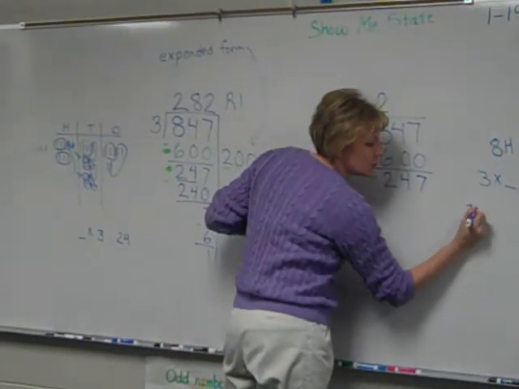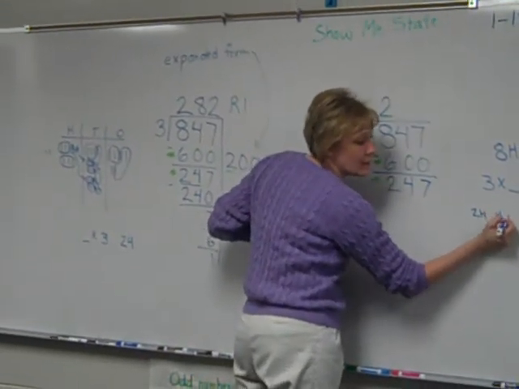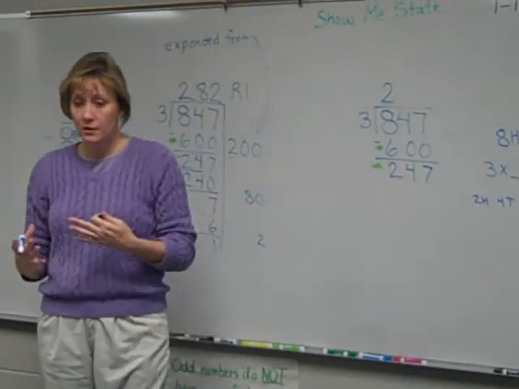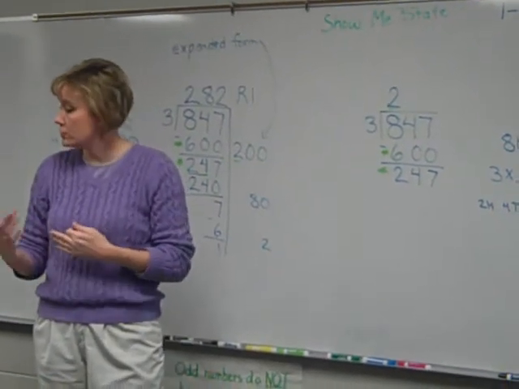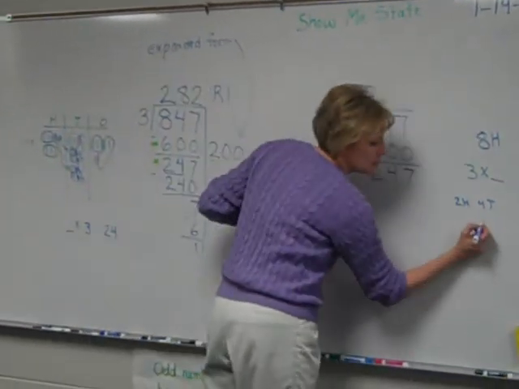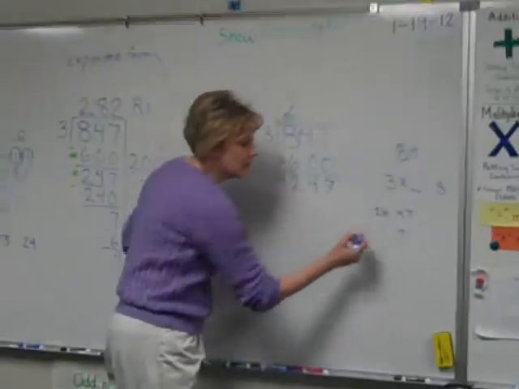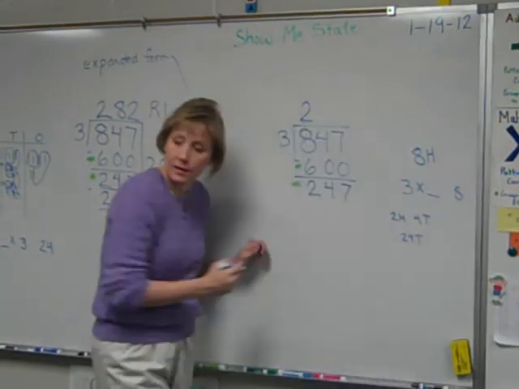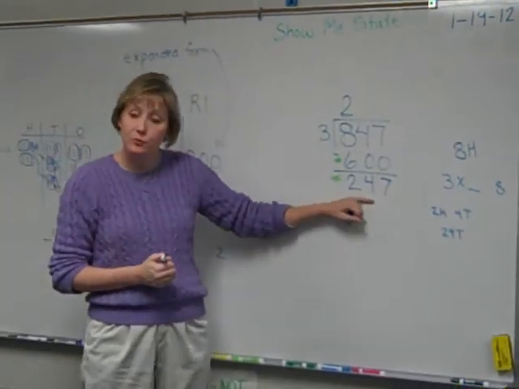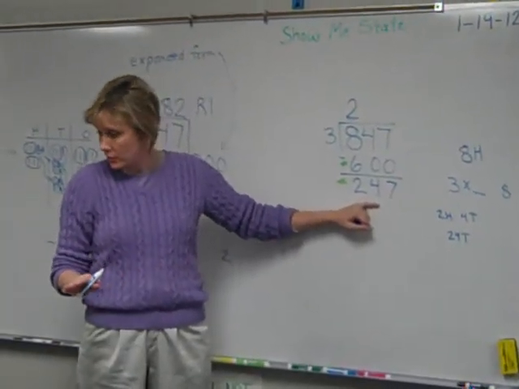I have 2 hundreds and 4 tens, but remember when we worked a lot on place value? 2 hundreds and 4 tens is the same as how many tens? 24. 24 tens.